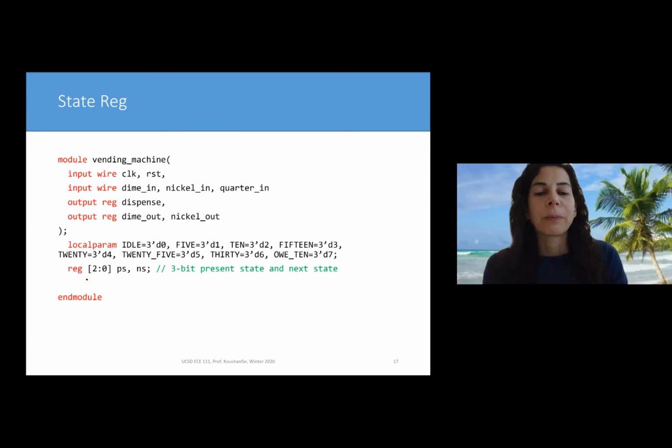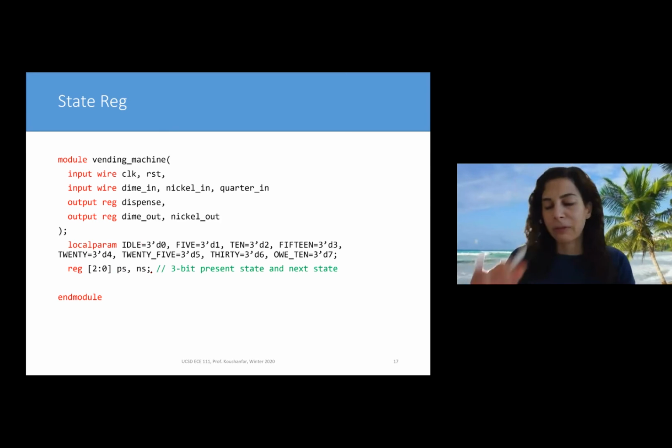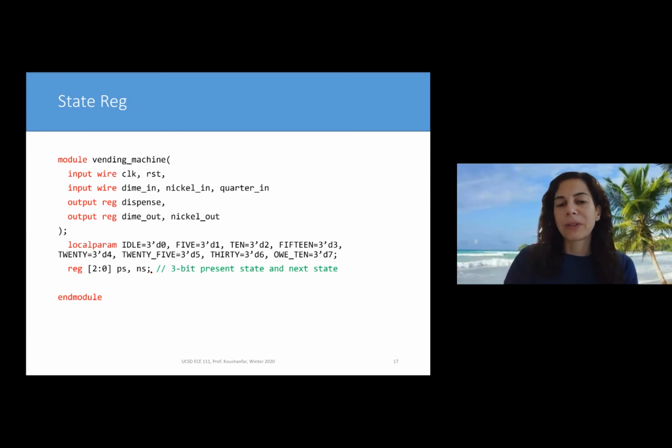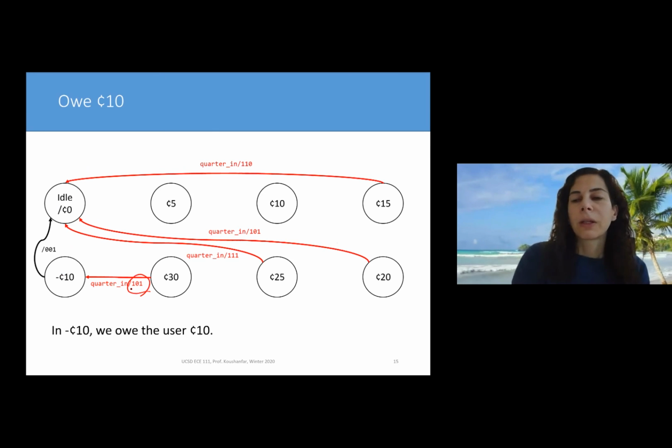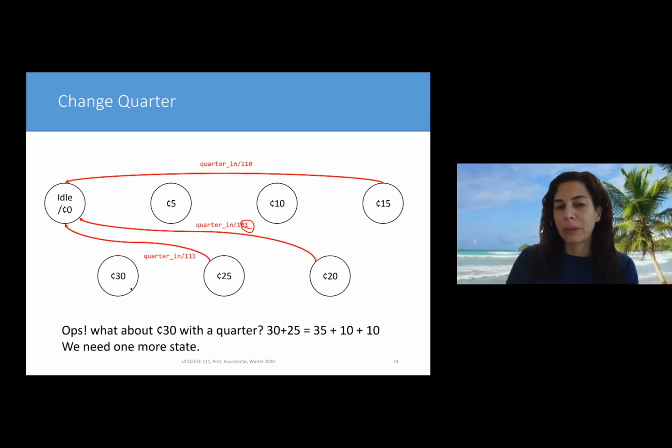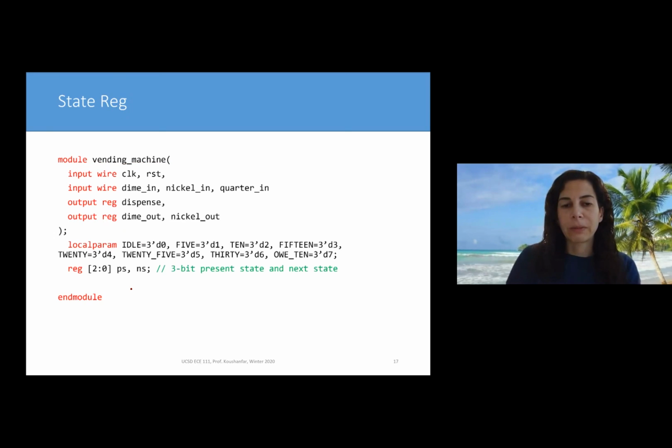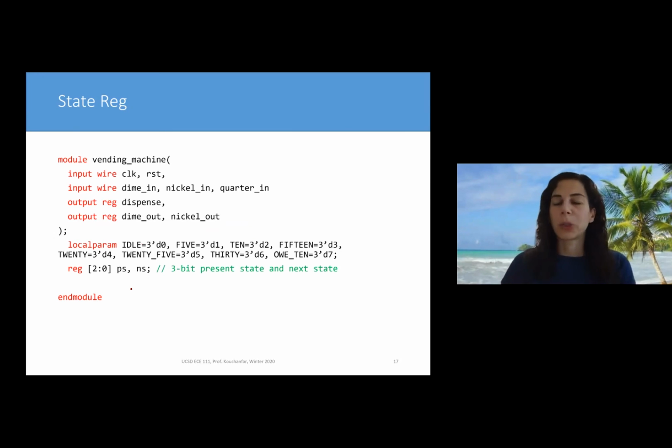If you remember, these states were three bits. We are also going to have variables that define the present state and the next state. And this is the interface to the module.